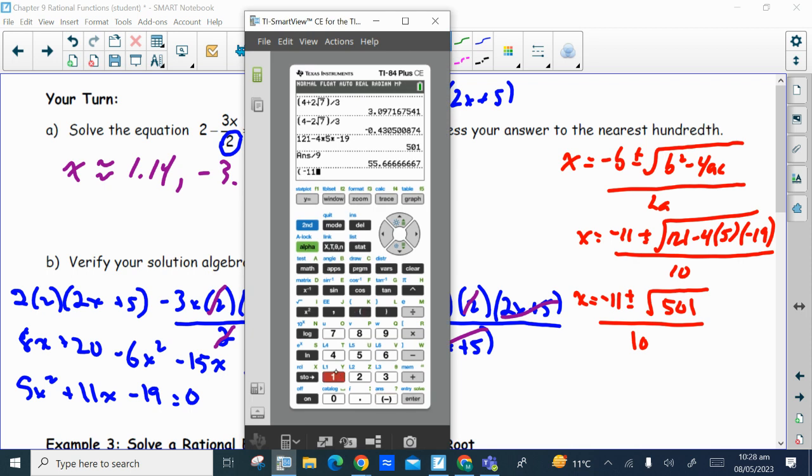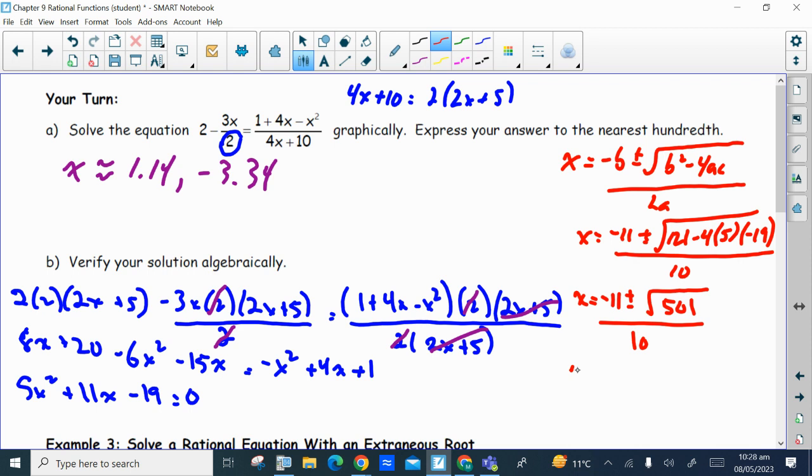Go negative 11 plus the root of 501, all in brackets, divided by 10, gives us 1.14 as one solution.